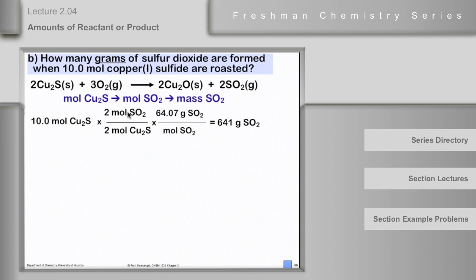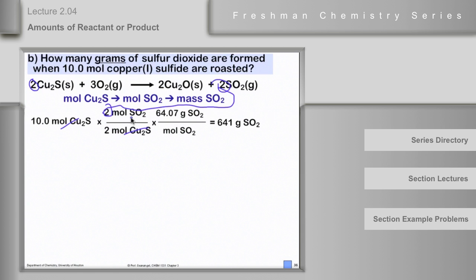We want to go 2 moles of SO2, so that's on top. And here's the 2 over here that we use. And then 2 moles of Cu2S, that's that 2 right there. And once we're done, copper sulfide moles will disappear.